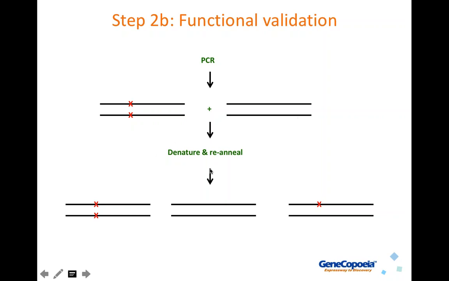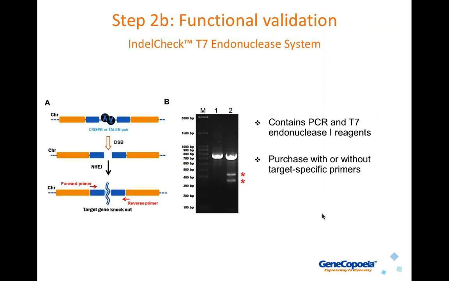And so when you denature and reanneal these, you get homoduplex DNA that can be either mutant over mutant or wild type over wild type, or you get heteroduplex DNA, which can be mutant over wild type or one mutant A over mutant B, because non-homologous end joining is random, so you get different kinds of mutations even at the same target site. And these heteroduplex DNAs are substrates for the T7 endonuclease 1 enzyme.